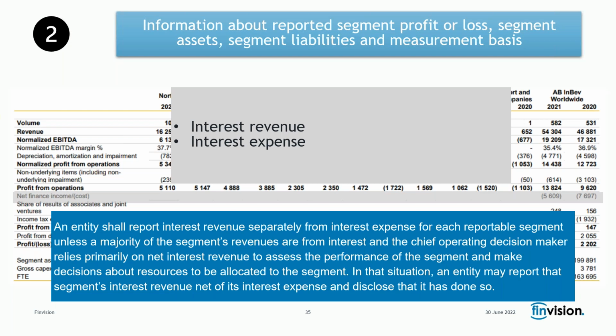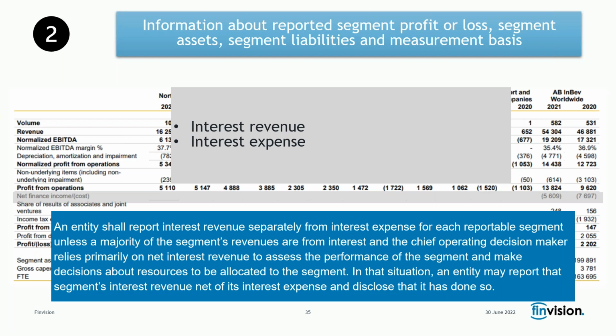So what's important is that if it's not included in the management reporting to the chief operating decision maker, how resources are allocated to the segment and how decisions are made, then of course, even if the segment disclosure requirement says to include it, you don't need to disclose it, because always look to how management reporting has been delivered to the chief operating decision maker.